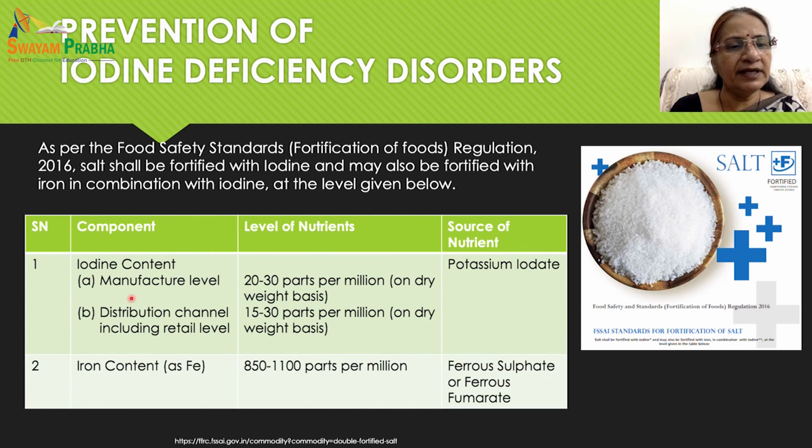Iodine content at manufacture level will be 20 to 30 ppm on dry weight basis, and at distribution channel including retail level it should contain 15 to 30 ppm, that is parts per million on dry weight basis, and the source of nutrient will be potassium iodate. For iron content, the level of iron will be 850 to 1100 parts per million, and the source of nutrient will be ferrous sulfate or ferrous fumarate.